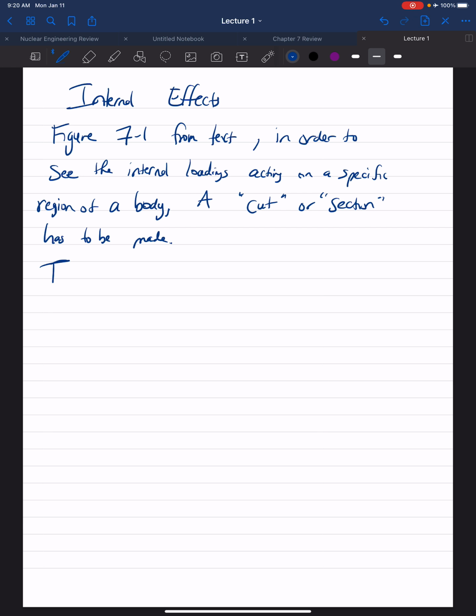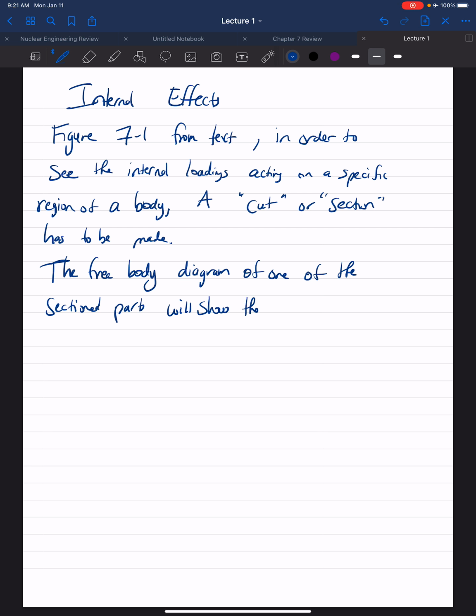The free body diagram of one of these section parts will show the applicable forces.